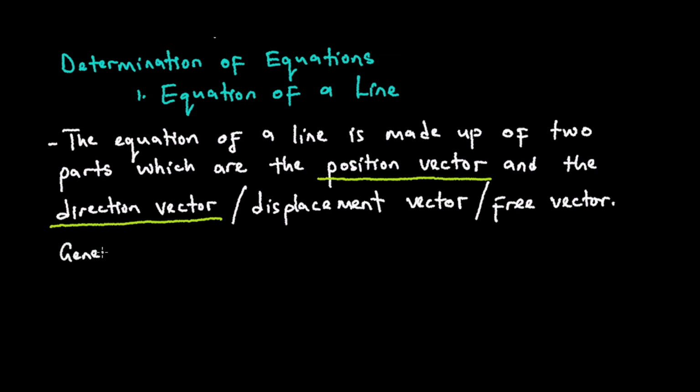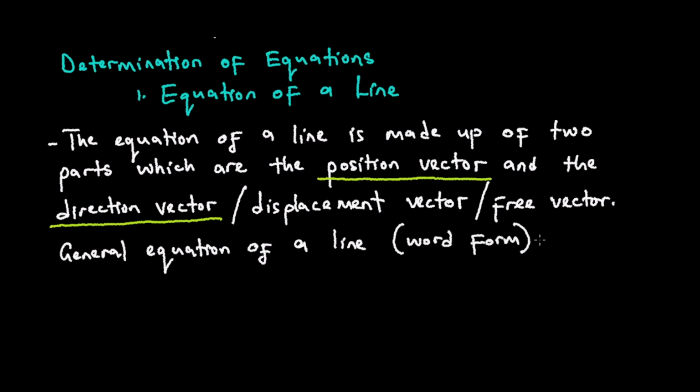Saka the general equation of a line in word form inenge ichiti r is equal to position vector plus lambda direction vector.